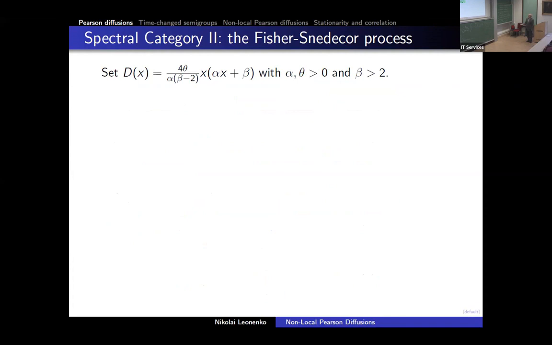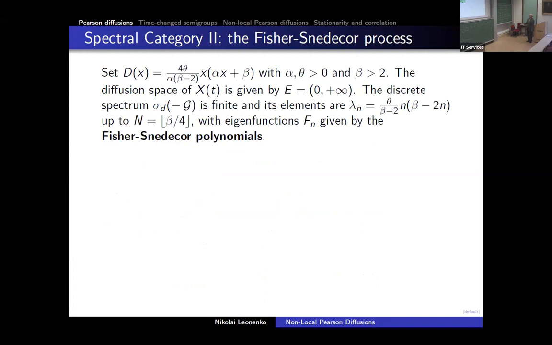In this case, you have such a quadratic form of d of x, a quadratic function, and some parameters, which are parameters of the distribution, of course. And again, we have a space of diffusion of this form, and the eigenvalues are quadratic, and the polynomials are given by Pearson-Dekker polynomials. Well, they exist under some cutoff, which is, now, do we have the cutoff here? Something like this one. We have a finite number of orthogonal polynomials, because only so many moments exist.